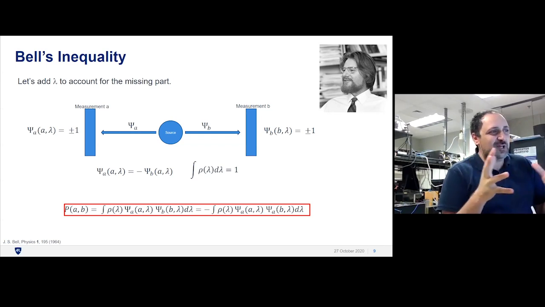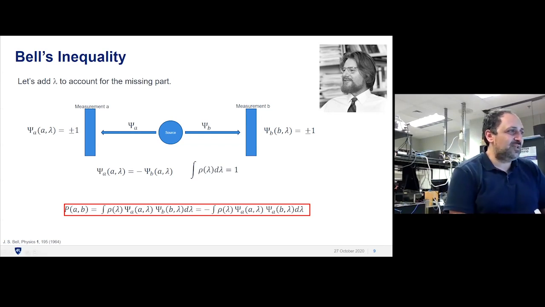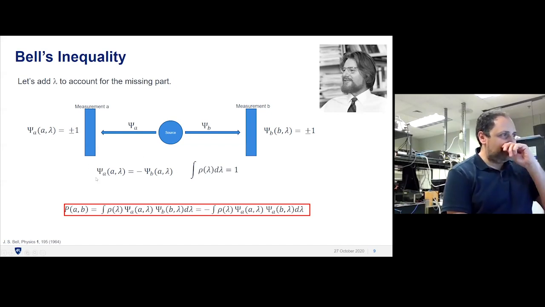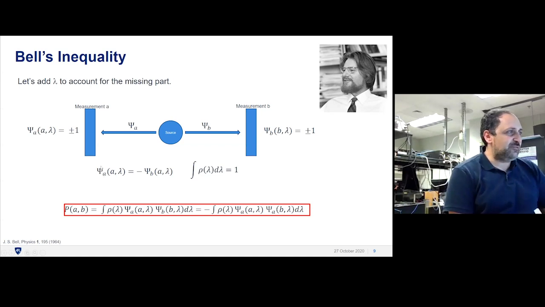So let's see how it goes. So here's our first little bit that we need to know, that this is the outcome of measurement A on particle A, and the outcome that we see at B over here, if we're talking about A.